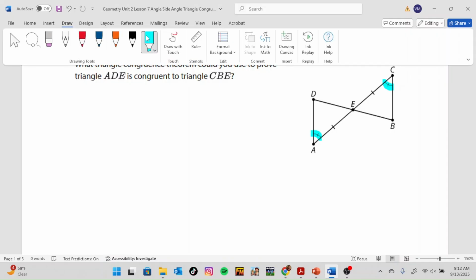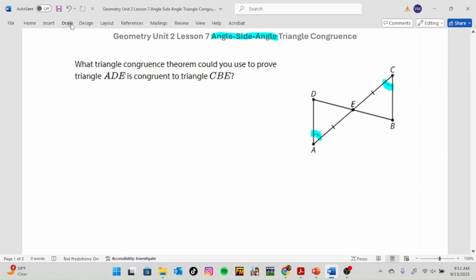Now next, they show us, based on this tick mark right here in the middle, that line segment AE is congruent to line segment CE. And so we have our angle and we have our side.